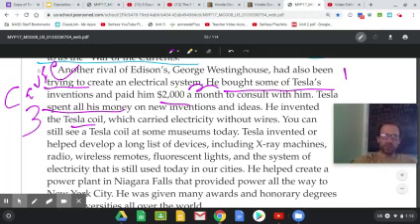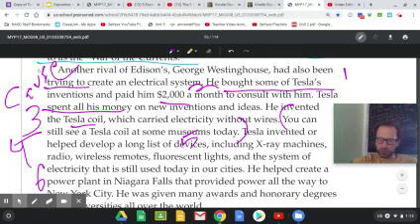He invented the Tesla coil, which carried electricity without wires. You can see Tesla in museums today. It seems like the kind of thing you put in parentheses. He invented and helped invent a long list of devices, many included below. One of those particular ones was a power plant.